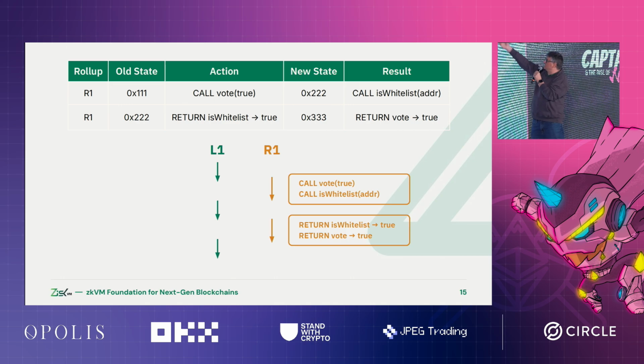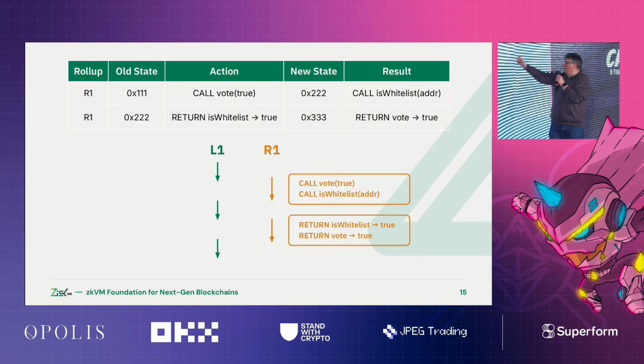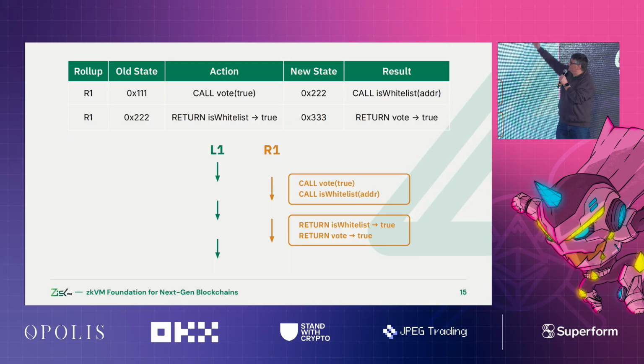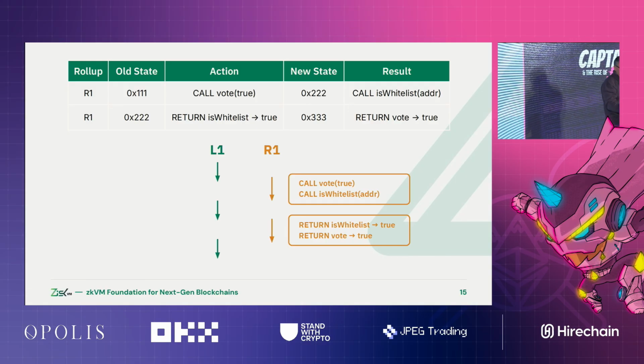You are going to have this new state, and the result is going to be this return, or in this case, because it's a nested call, the result is that you need to do a call to another contract in L1, okay? And we continue. So you see the execution: this will do a call, then this part, you execute the whitelist, and then the return, then it returns here. So you have this table of executions that happens here.